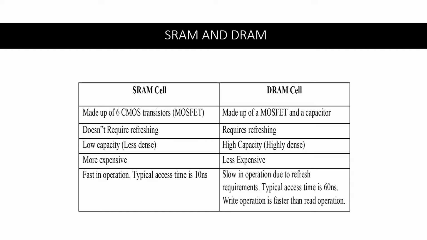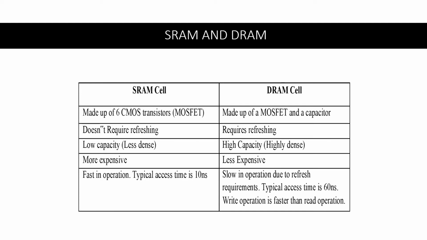Whatever energy is sent, it will be saved in the capacitor as a storage element. The capacitor will get charged once the power supply is on in the memory, and the data will be stored in the form of charge. Whereas in SRAM there is no charging, and of course there is no backup.